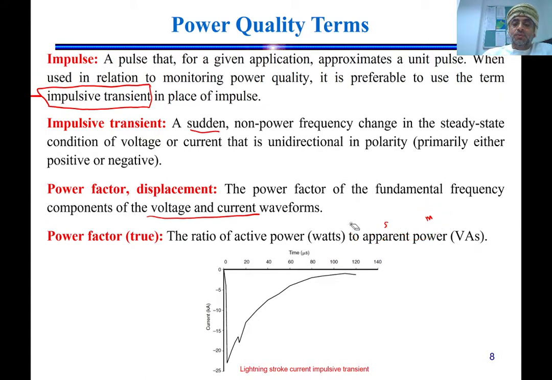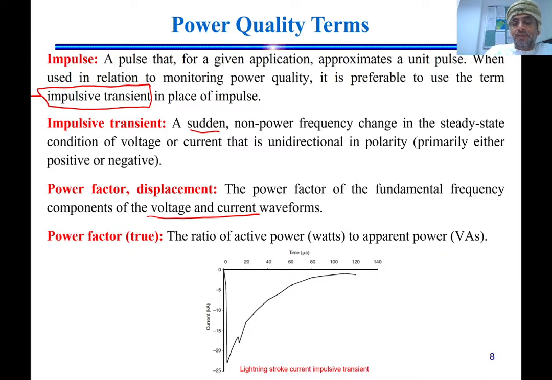And what is a true power factor? Because we have displacement power factor and we have a true power factor. It is the ratio of the active power to the apparent power, right? So we know that P is equal to S cosine.